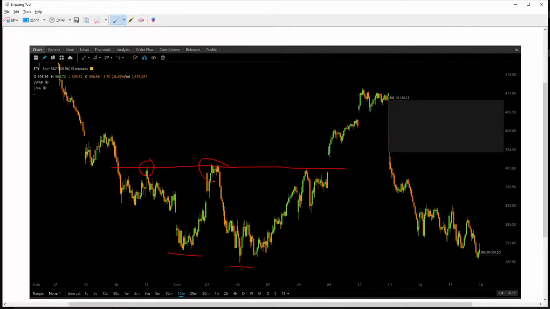So pullback right here on this really long candle, right? And then it went up, so then it was bullish. Now, if it were to go down right here before the CPI report, then you could kind of guess that the CPI was going to be good.